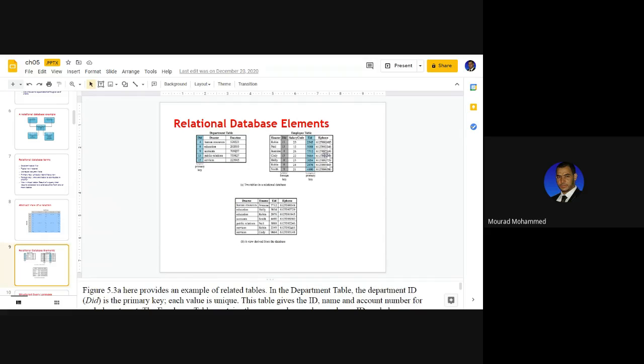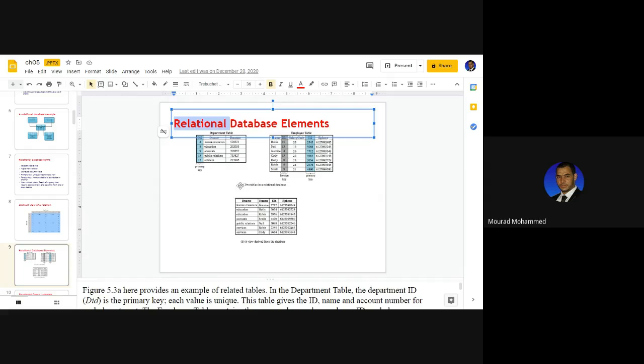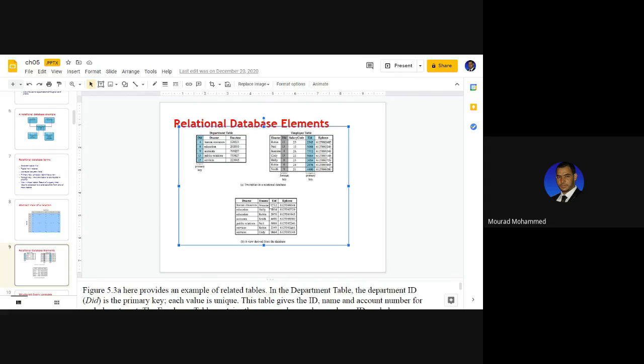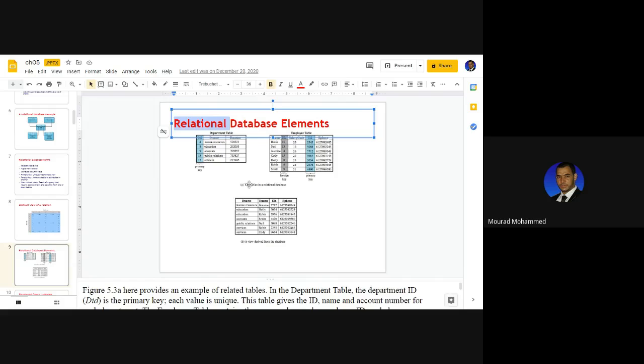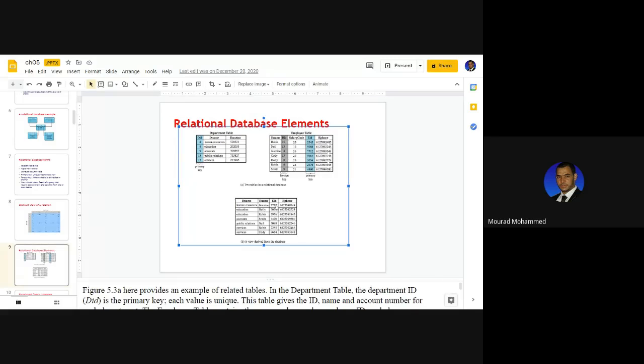Without the primary key, we do not talk about this entity here. If it is deprived of any relation, it can be seen as a standalone entity. But in a relational database, there has to be a relationship with the other entities. In this example, we see the DID, which is represented from the department table.